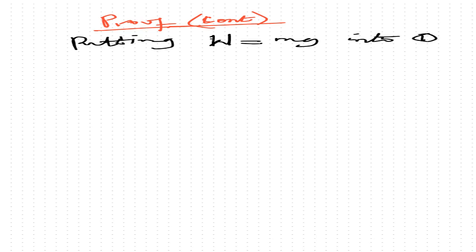We are going to get mg is equal to G M m over r squared.